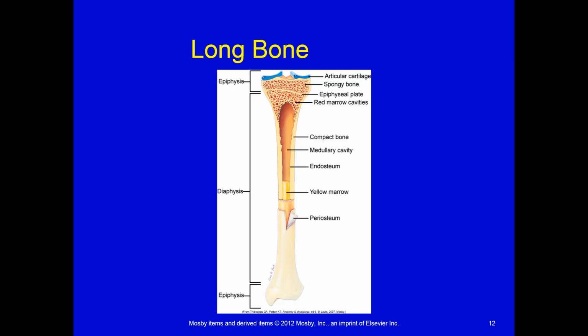And then when growth is done and the child has reached their maximum height, it calcifies, and then there's no more growth occurring there. So when we're talking about fractures in children, we're really concerned about a fracture in that area, if it interrupts or does any sort of damage to that epiphyseal plate, because that's where the bone growth and mineralization continues to fill in and grow.